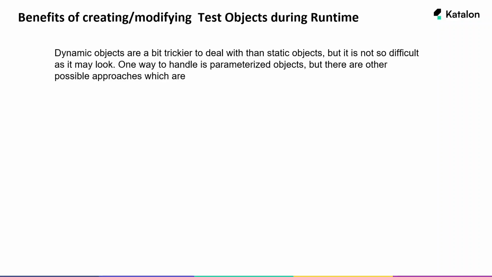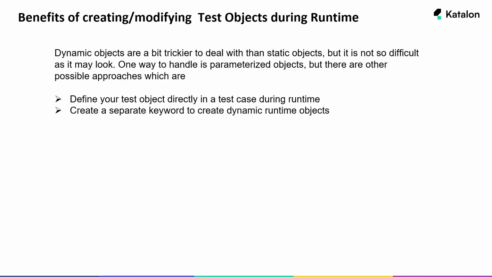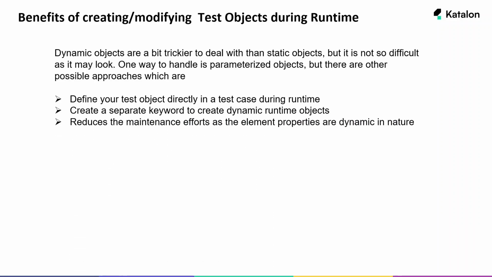One way to handle them is parameterization of test objects, but there are other possible approaches, which are to define your test object directly in test case during runtime. And you can also create a separate keyword to create dynamic runtime objects. So this reduces the maintenance effort as the element properties are dynamic in nature.